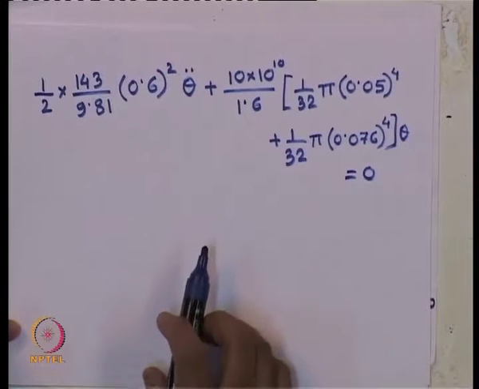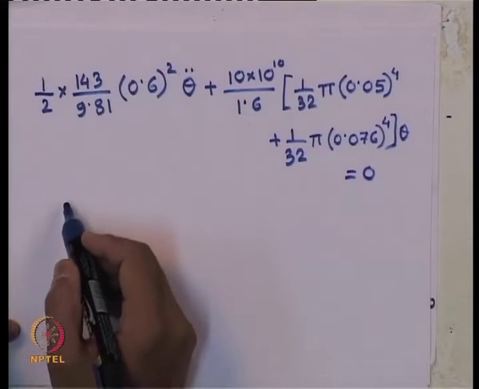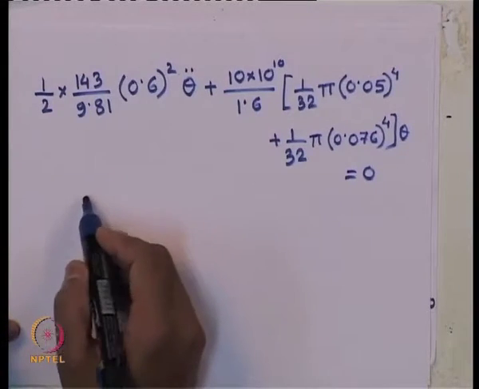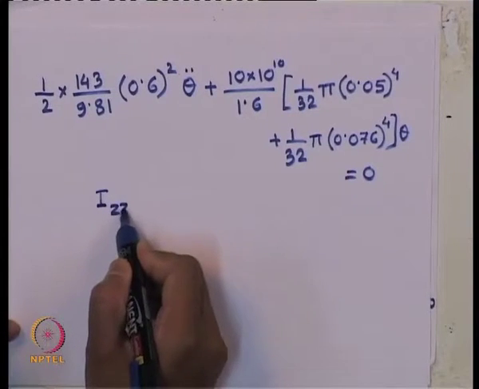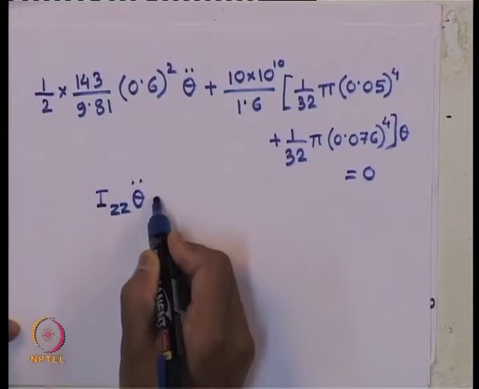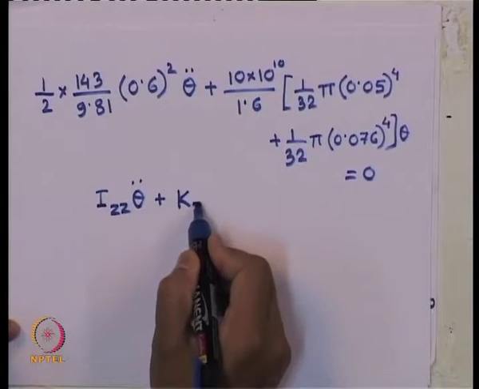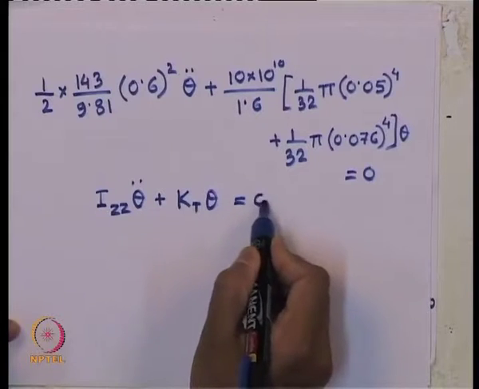This is the equation of motion, which can be written in our known form, I_zz theta double dot plus k_t theta equals 0.